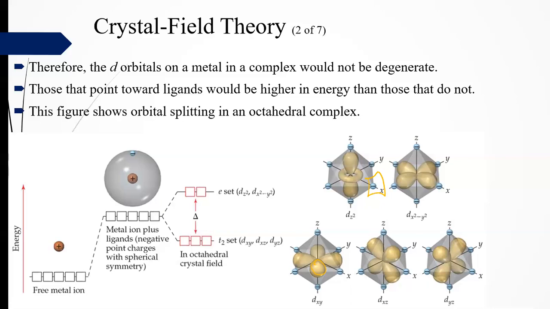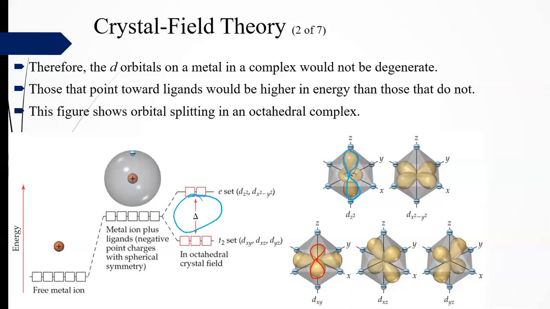So the ones that exist inside of the gap, like this one here, let me use a different color, like this one here, don't feel the same impact compared to this type of structure where their electron shell is directly in line with the ligand that's coming in. This is what's causing this separation.